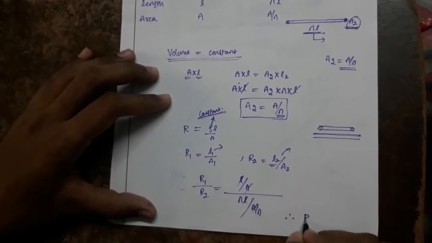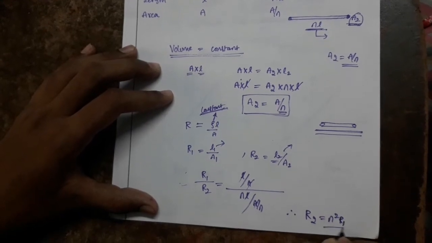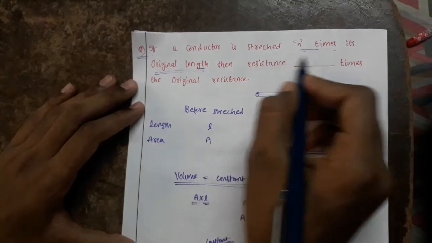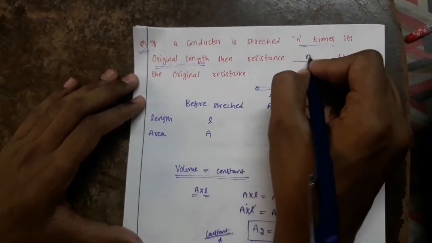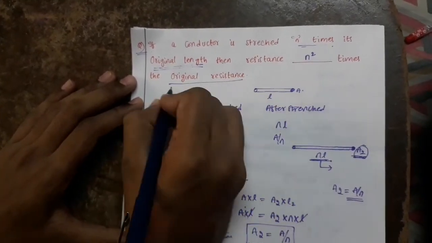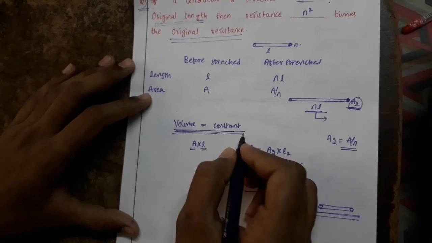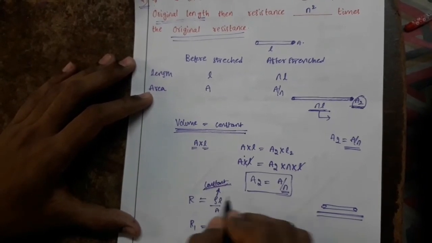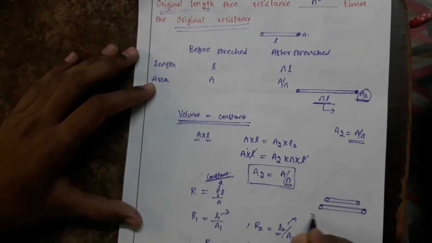By solving this, we will get R2 equal to n square times R1. Therefore, if a conductor is stretched n times its original length, resistance will be n square times the original resistance. Please make sure that the volume is constant in this problem, and rho is constant because the material is the same.